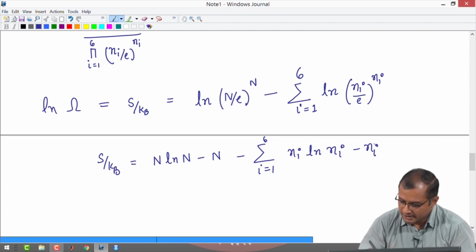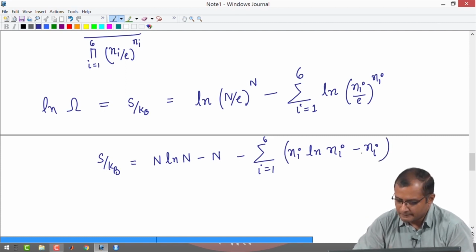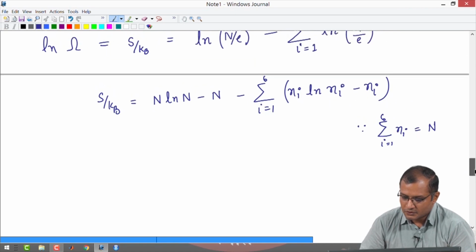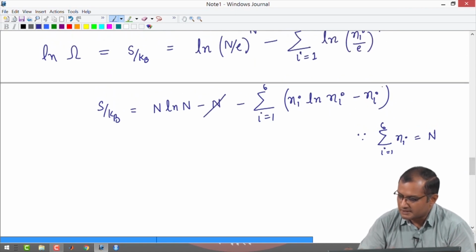And what you can see, this entire thing is summed over i, and since I know that summation over all ni's is my total number of dice, basically this term cancels with this term.